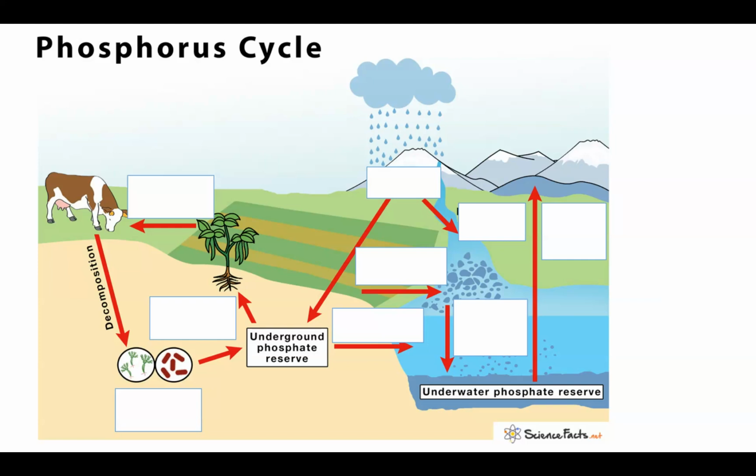So, geologic process, uplift. All of the sediments on the bottom of the water, through whatever processes, either mining or volcanoes and tectonic plates and all that fun stuff, is going to lift all of our phosphorus reserves from the bottom.